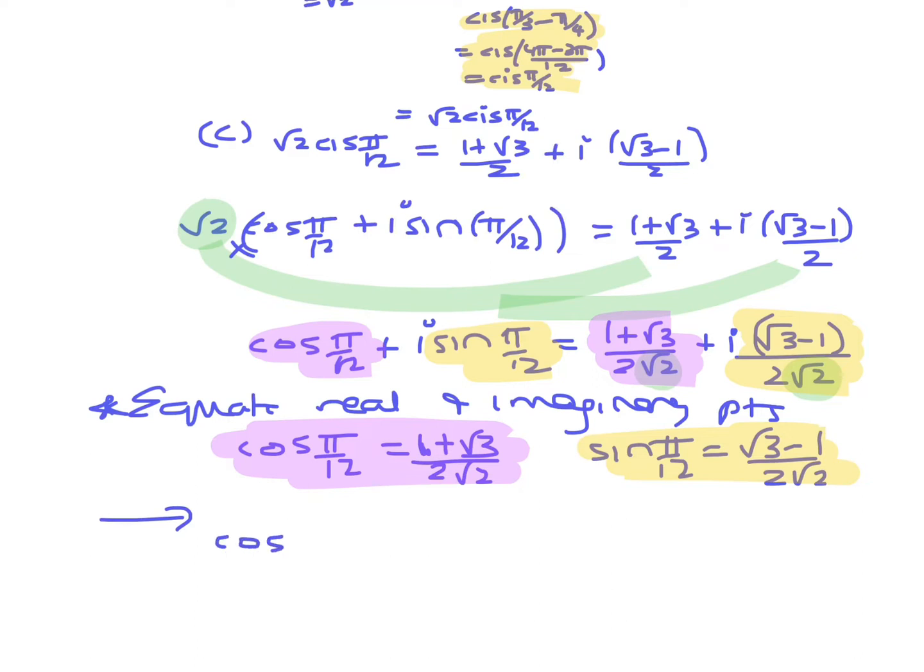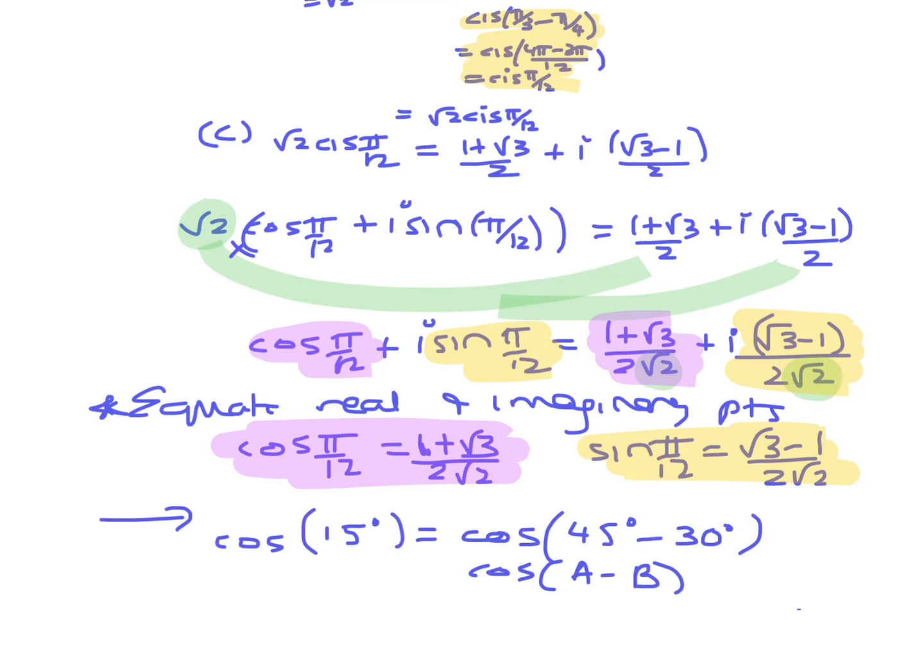You could also do this using trig expansions, but if it says hence, and you've already found the other two parts, it's kind of sitting there for you already. Pi on 12 is just 15 degrees, so you could also do it using an expansion on 45 minus 30, because that equals 15, and that's the cos A minus B expansion.